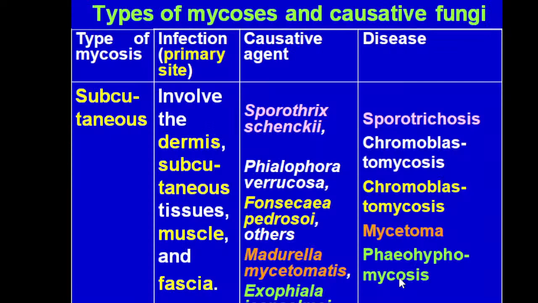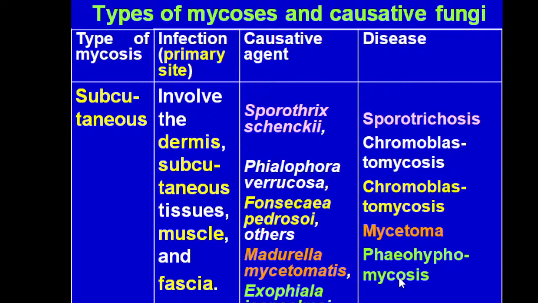Then, when fungi go deeper, they cause so-called subcutaneous mycoses. And usually the infection occurs through damaged skin. Usually they won't occur on the surface of uninjured skin.